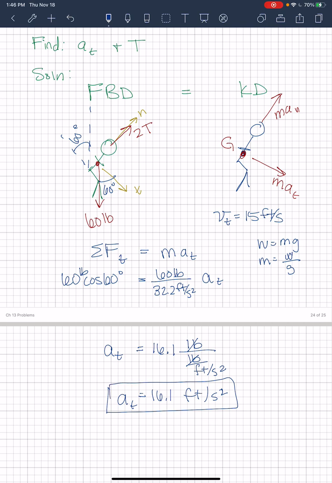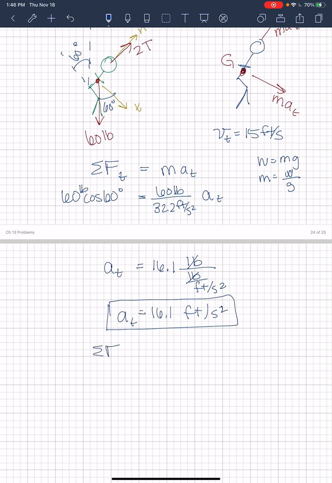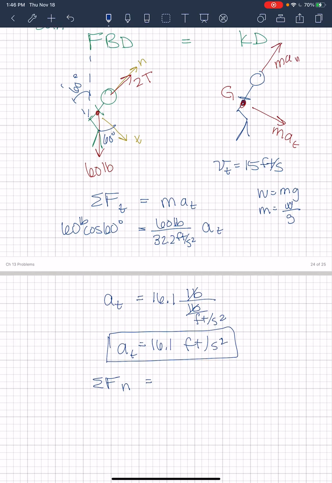And then we also were supposed to find the tension, and so that's in the n direction. So let's sum the forces in the n direction, and I'm just looking at the left side and then the right side of our diagrams, equals m a sub n. The forces in the n direction, we have 2 times T minus 60 pounds sine of 60 degrees, and that equals the mass, which was 60 pounds divided by 32.2 feet per second squared, times the normal acceleration.